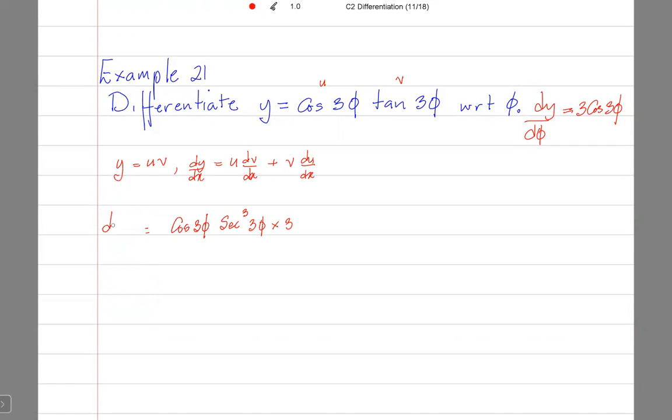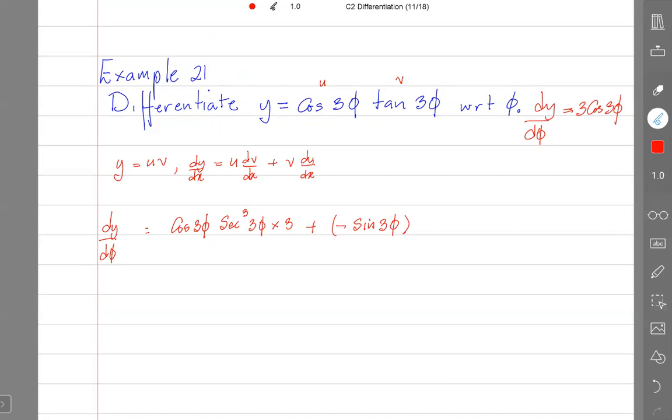So that is the first thing. Leave the first, differentiate the second, plus leave the second, which is tan, and differentiate the first. The first is cos. When you differentiate cos, you're going to get minus sine 3 phi. Excuse me, sir. Go ahead. Why do you have sec raised to the third power?